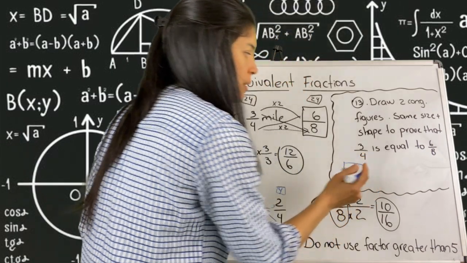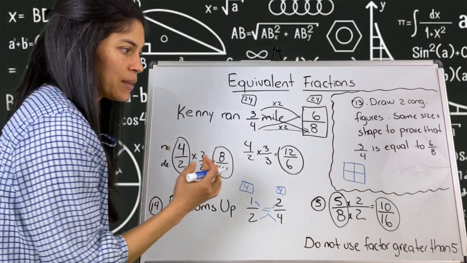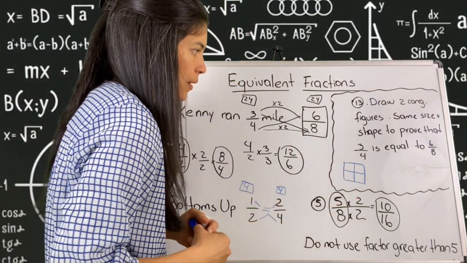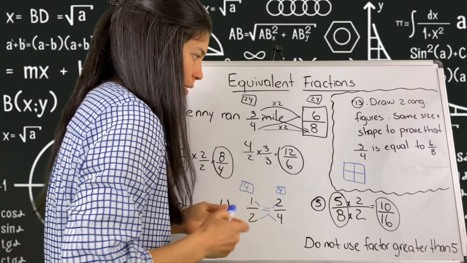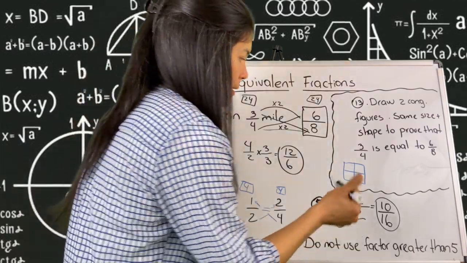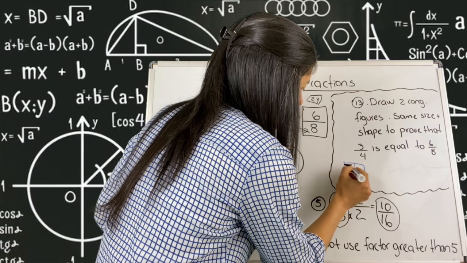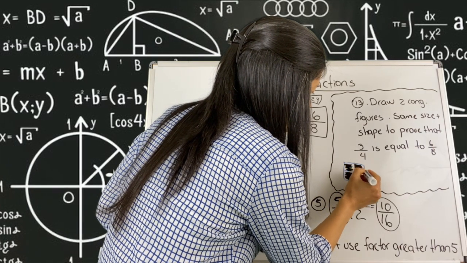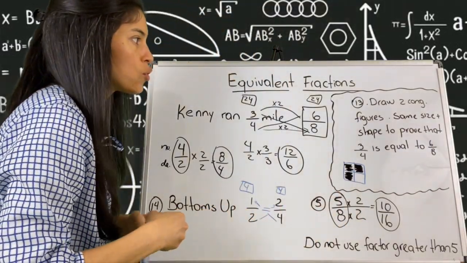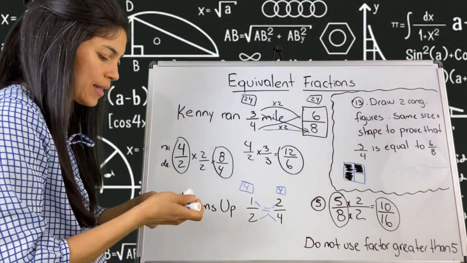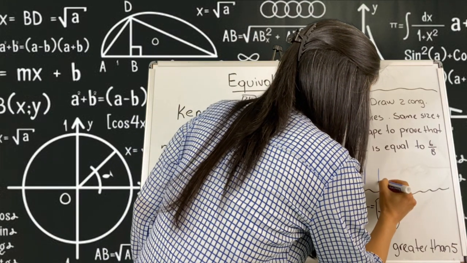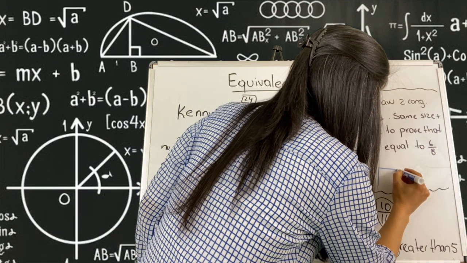The denominator tells me how many parts the whole has been divided into. And the 3 means that 3 will be taken. So let me shade 3 of these. 1, 2, and 3. Now I need to draw 2 figures of the same size and same shape. I will make another square. Same size, same shape.